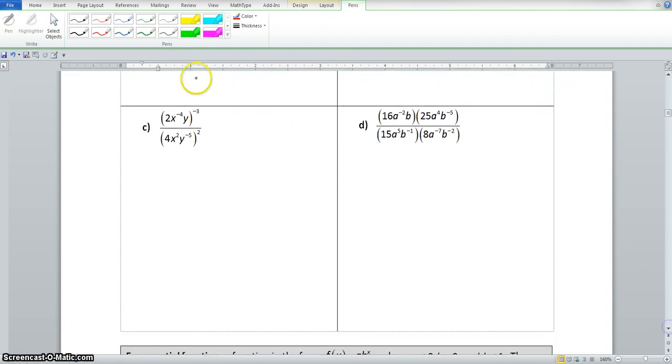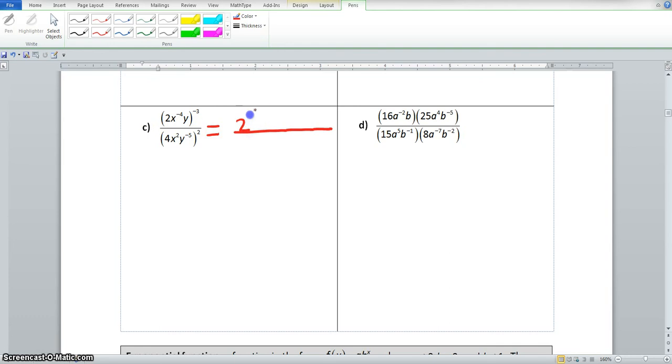Now we go here to C. Now if you notice here, this whole parenthesis is taken to the negative 3rd power, and this whole parenthesis here is taken to the 2nd power. So what this means is this here. This whole parenthesis here is going to go in the denominator. Or you know what? No. Let's do this.